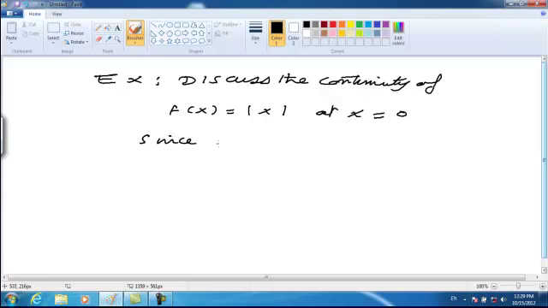Since f of x equals x for x greater than or equal to 0, and f of x equals minus x for x less than 0.